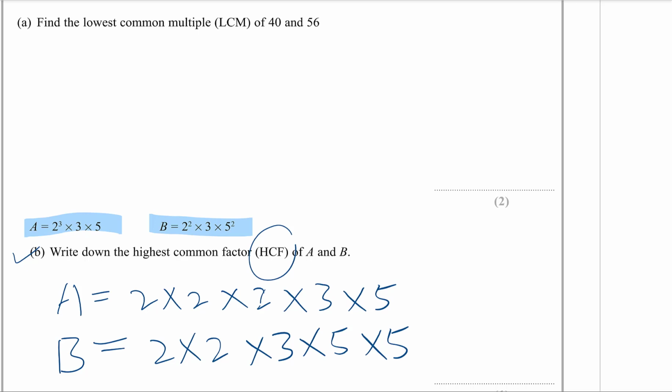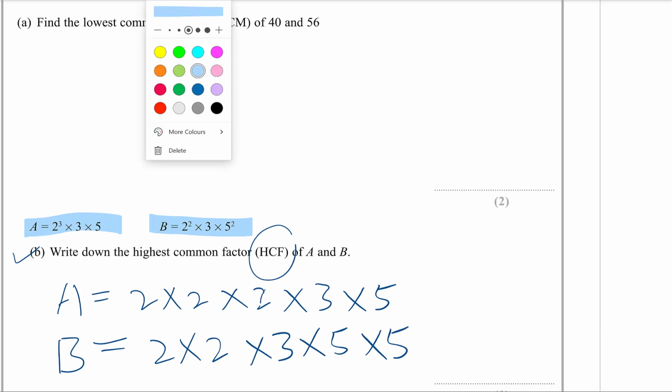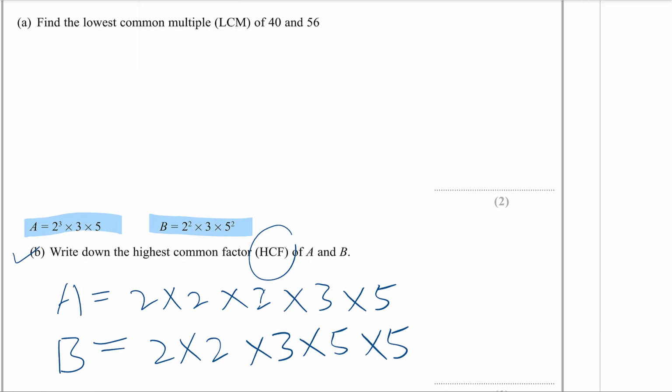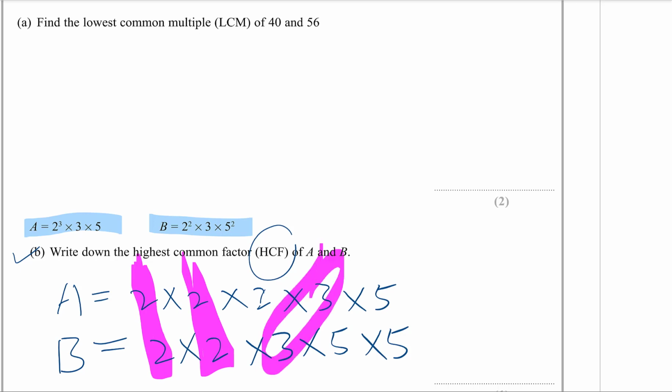So in order to find the highest common factor, we look for the common numbers in both lists. So here we have the 2 here, the 2 here, then a 3 and a 5.